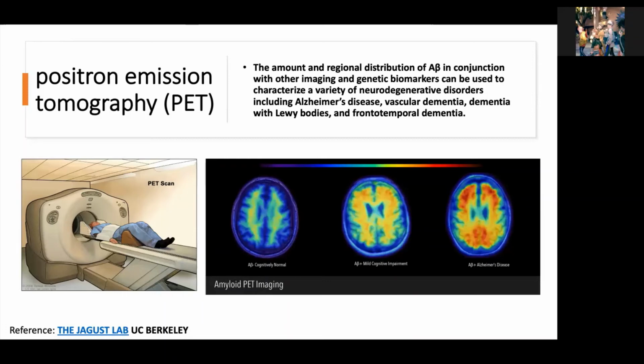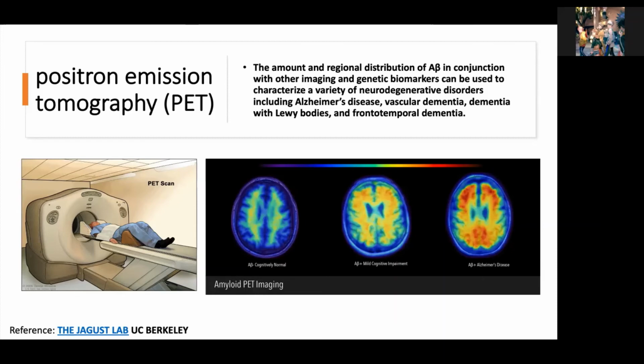So that's why positron emission tomography, PET, is involved here, and this one is specifically targeting amyloid. The amount and regional distribution of amyloid beta, in conjunction with other imaging and genetic markers, can be used to categorize patients, and it can also help differentiate from other diseases.